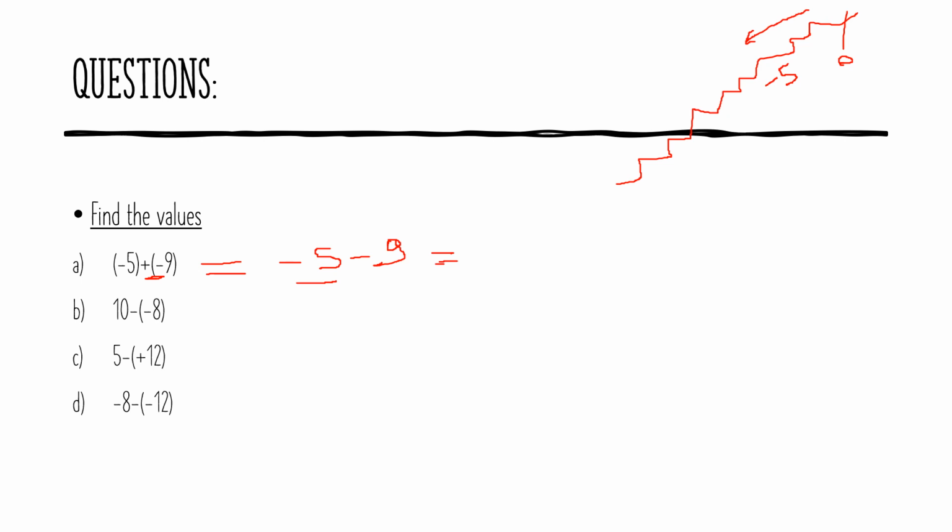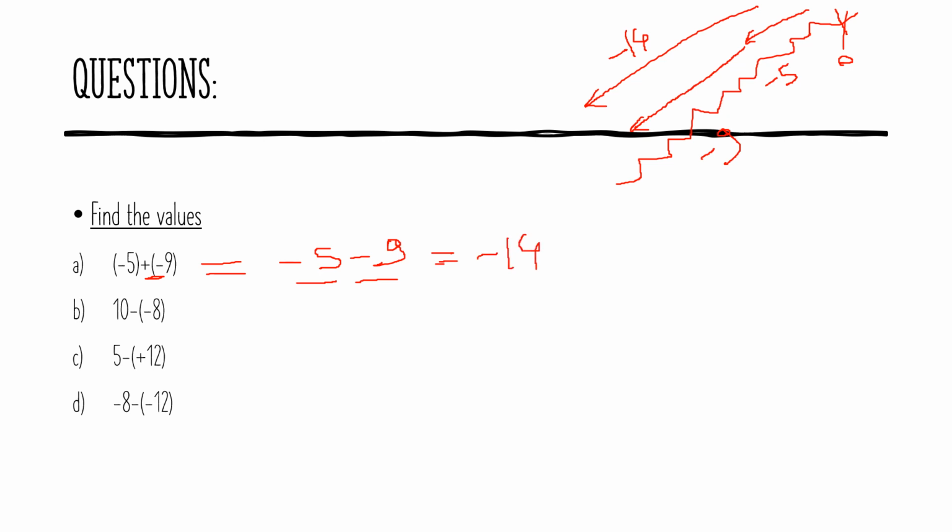So minus 5 is done, and then again you are having minus 9, means you are again from that point climbing down. How much? You are climbing down minus 9. So now from the start point, in total how much have you come down? You have come down 14 steps, which means minus 14.